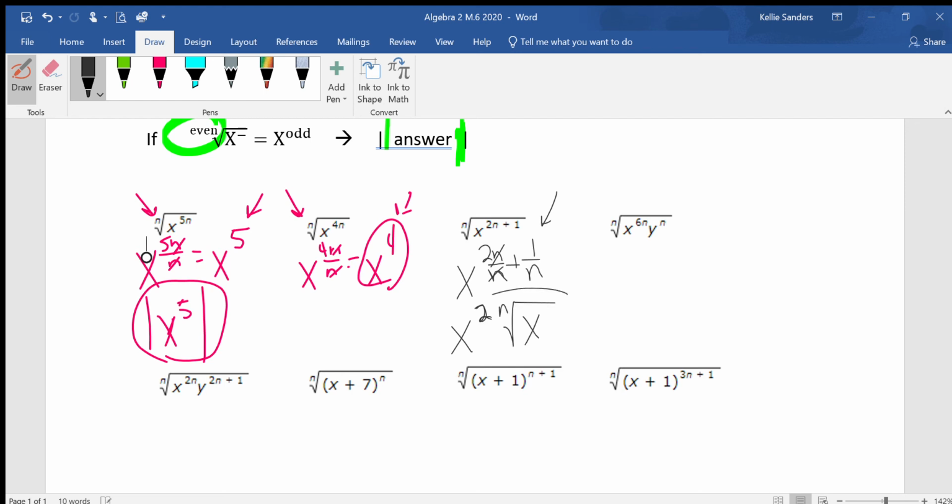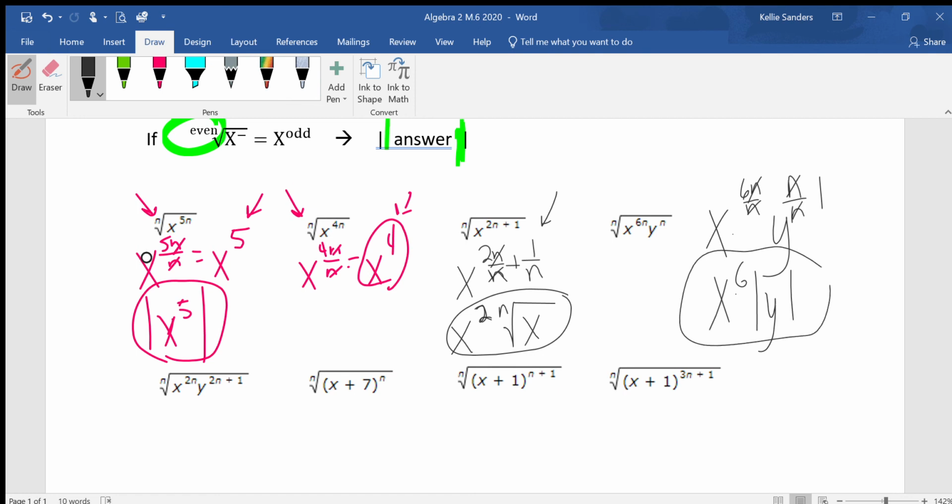Since this is 2, we don't worry about absolute value. x to the 6n over n, y to the n over n. Cancel, cancel, cancel, cancel, 1. 6 stays good. Absolute value of y goes to absolute value of y because 1 is odd.